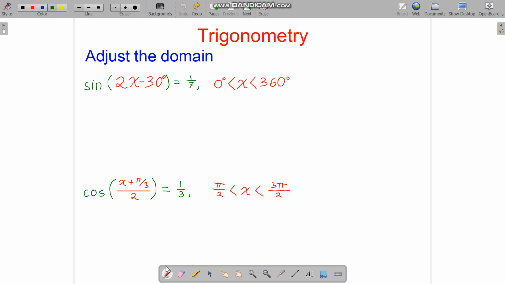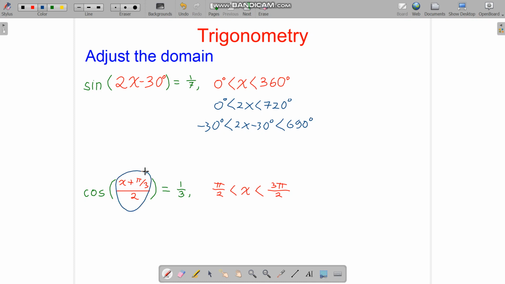So we can multiply the inequality throughout by 2. 0 times 2 is still 0. 2 times x, 2 times 360, and then we subtract everything by 30 degrees. So 0 minus 30 degrees, 2x minus 30 degrees, 720 minus 30, 690 degrees.